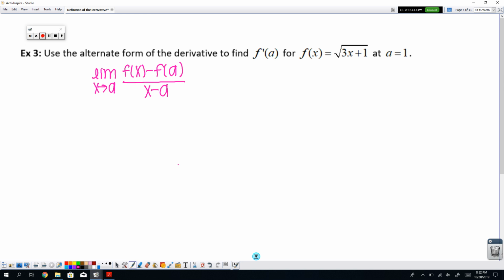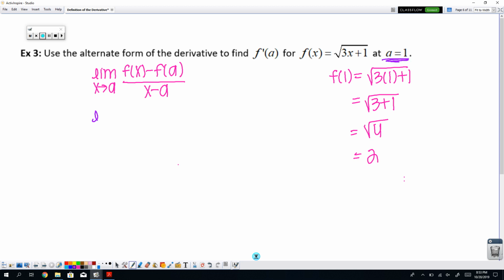Now I'm going to go through and find out what f of a is so that I don't have to show it plugged in over there. So I'm going to do f of 1 equals the square root of 3 times 1 plus 1. Square root of 3 plus 1, square root of 4 equals 2. Great. So now everywhere that a is, there's going to be a 1.